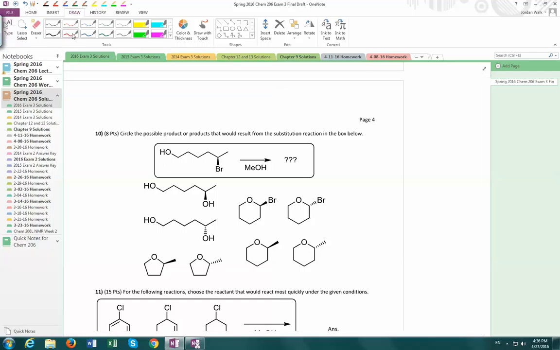Okay. So for this one, we've got an alkyl halide stirring in some methanol. Can we do SN2? So we've got to think about the SN1 pathway. If we do an SN1 pathway, our bromine will leave. And so what we're left with is basically this carbocation right here, right?